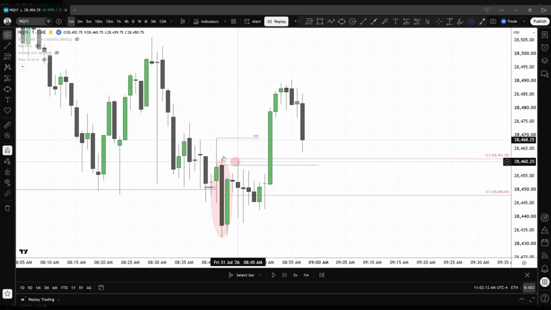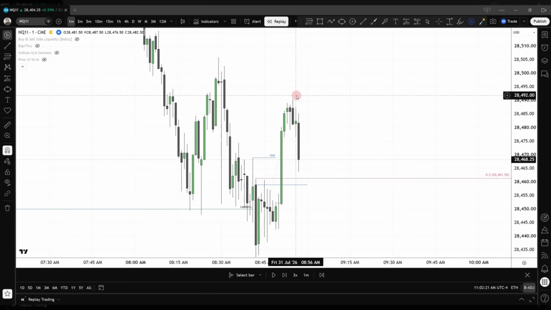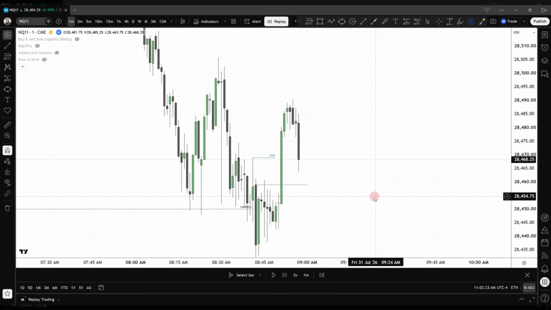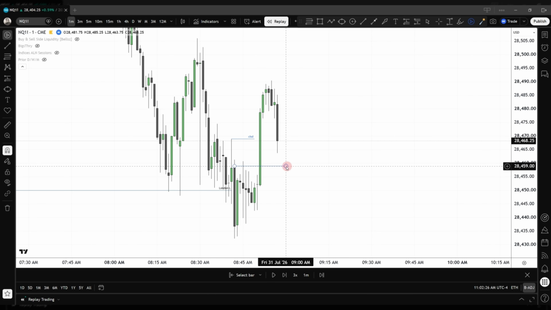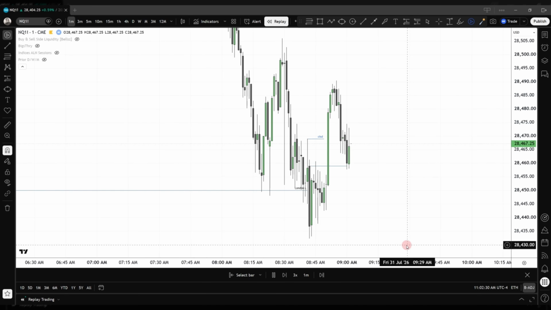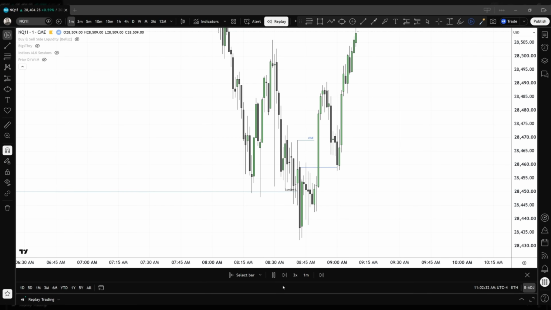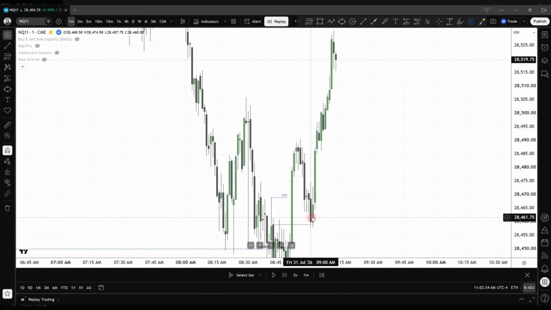Now let's go back to the chart and see how this played out. Okay, I'm going to clean this up a little bit. This is my entry level right here. I get tagged in right there. We see a very strong move off of that level.